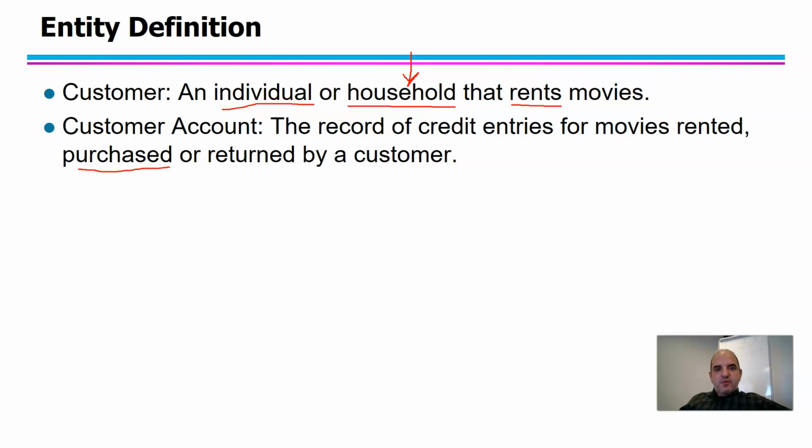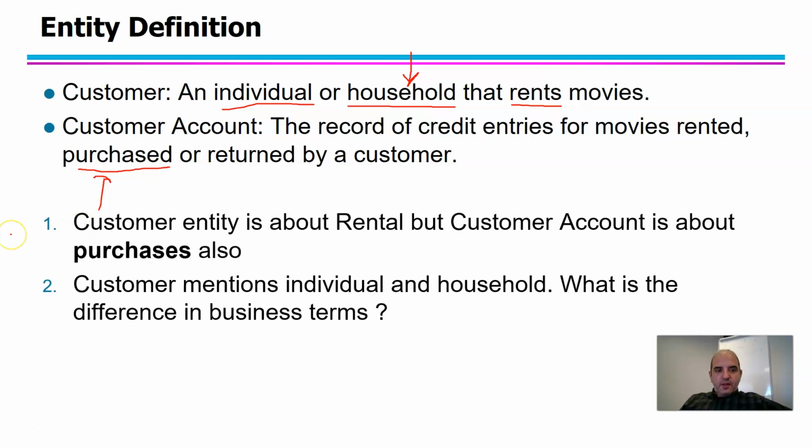Can you explain to me what a household is? Or can you explain to me, are we renting them or are we selling them? You must ask these critical questions to have a good system and an efficient database. So these are the problems with these two definitions.